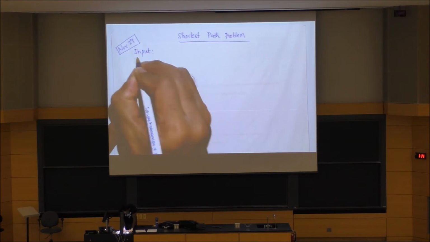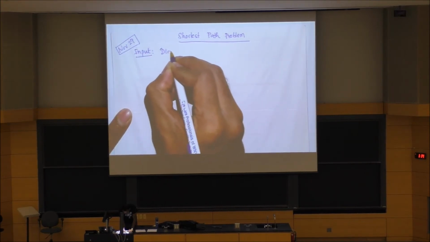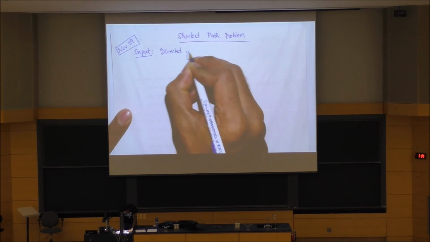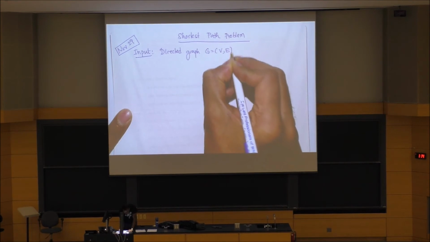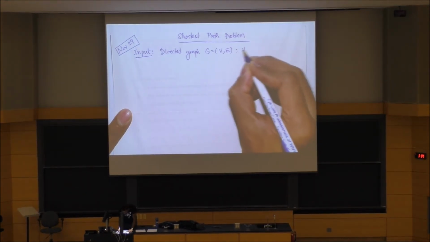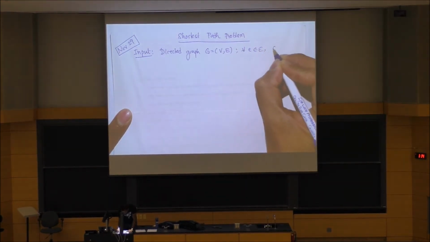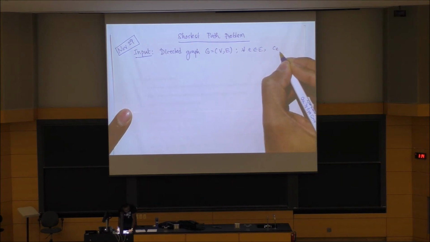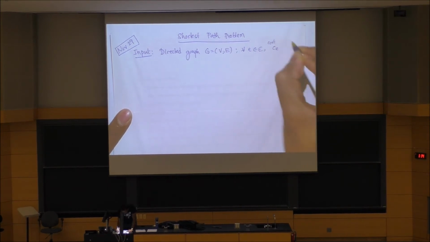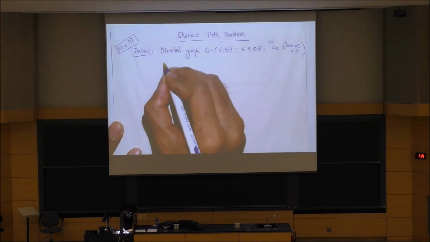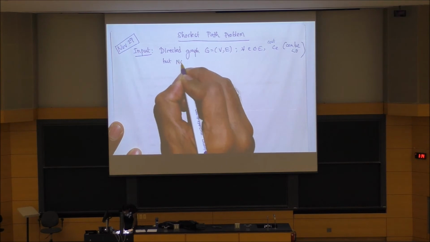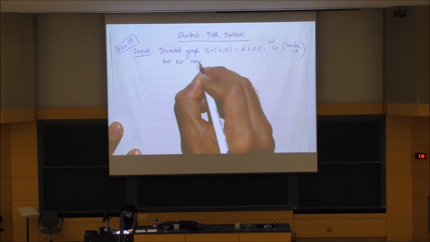The input is a directed graph G, and for all edges in E, you're given a cost C. And I said it's not necessary, like in the case of Dijkstra, that these be non-negative. They can indeed be negative, but you're not allowed any negative cycles.